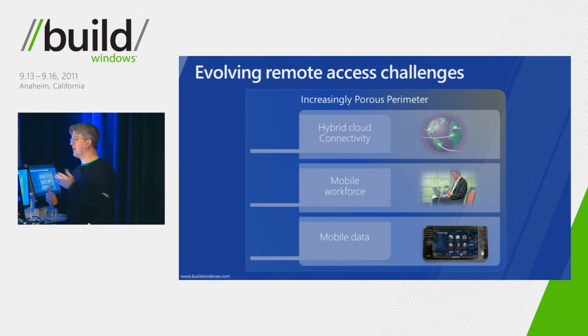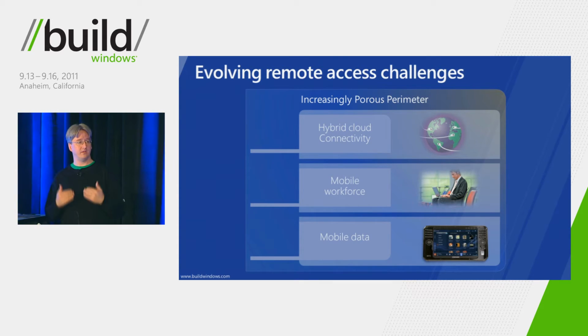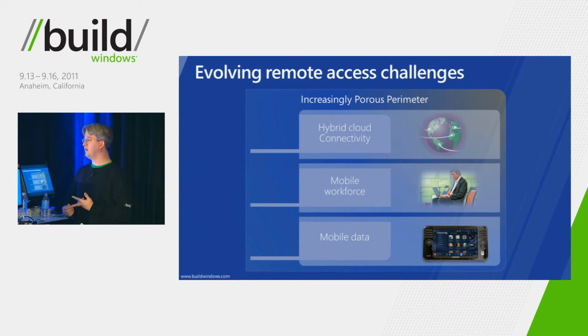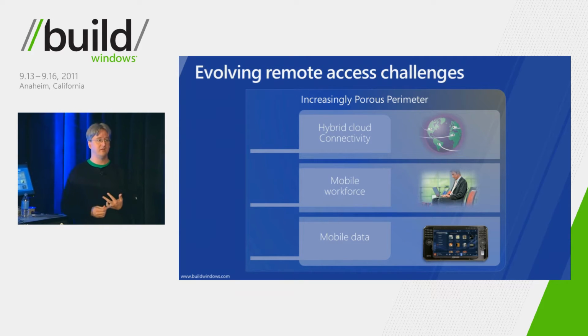They're increasingly having to poke more and more holes through this perimeter that drives up the amount of work that the corporations have to do to secure those networks, to audit those networks, make sure they're compliant, and try to defend those networks against increasingly sophisticated advanced persistent threats that exist.